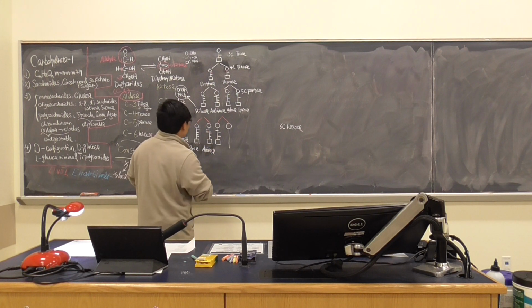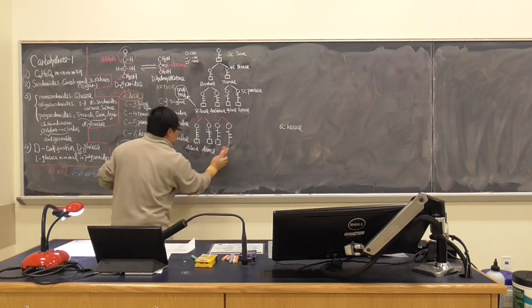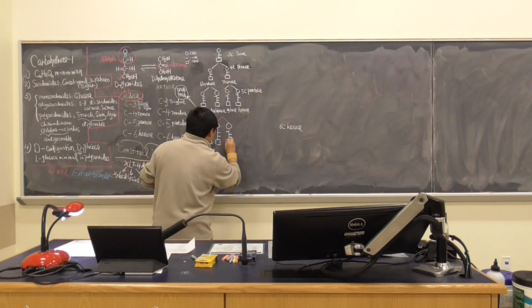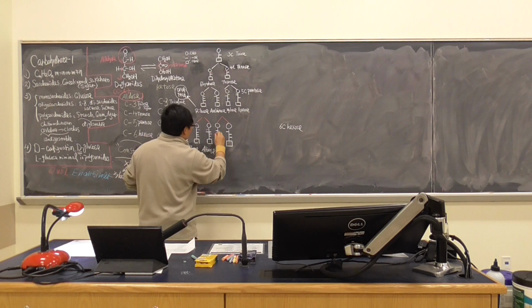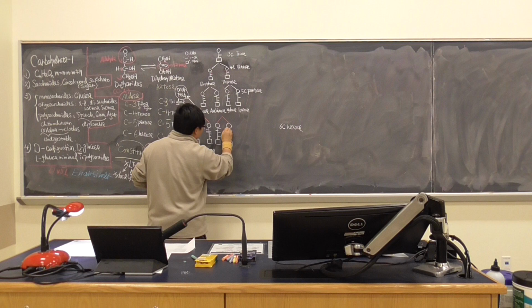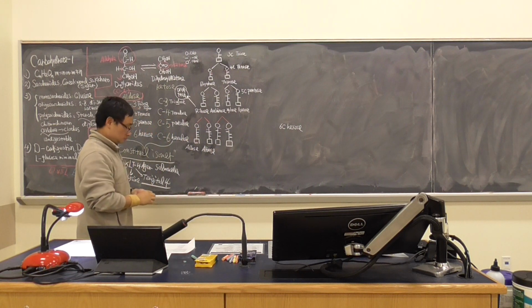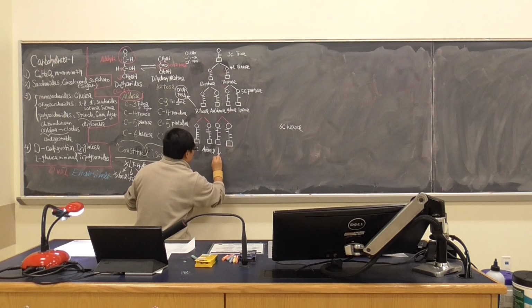Okay, so this here is 2 lines. Now what we have to add: add 1 on the right, add 1 on the left. What is this guy? Everybody knows. Glucose.